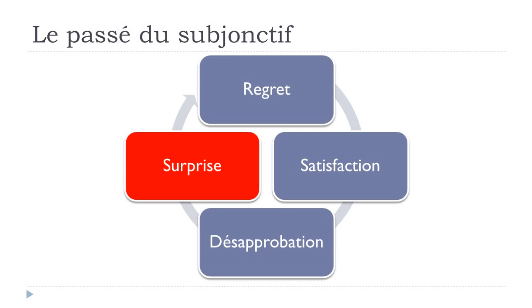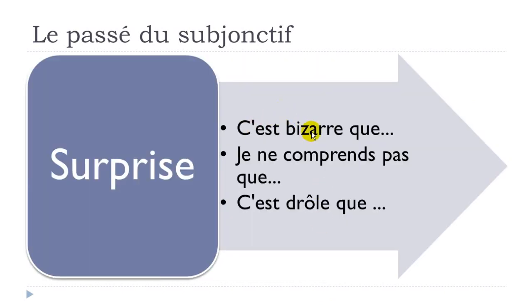And last but not least, la surprise. C'est bizarre que, bizarre, strange, it's strange that. Je ne comprends pas que, I don't understand that. C'est drôle que, it's funny that. And if you want to express something after, in the past, it should be le passé du subjonctif.